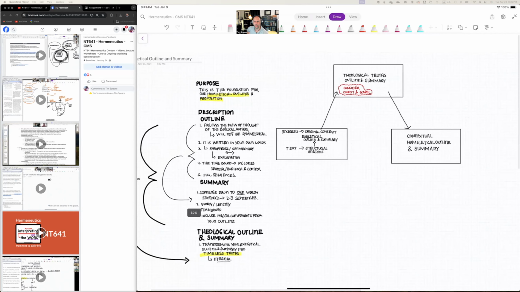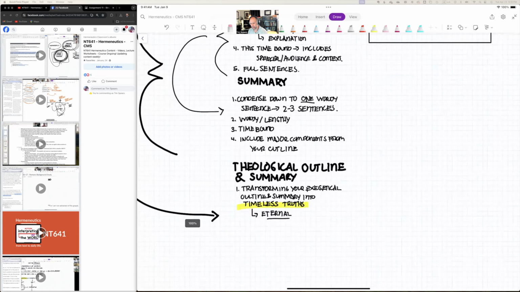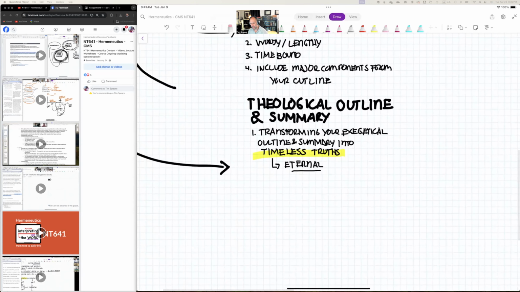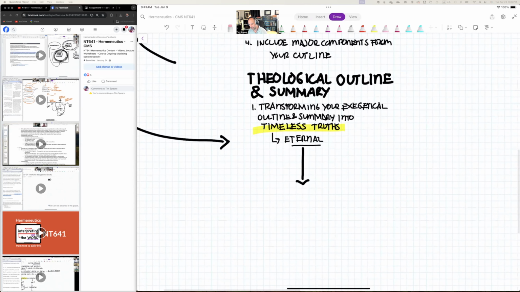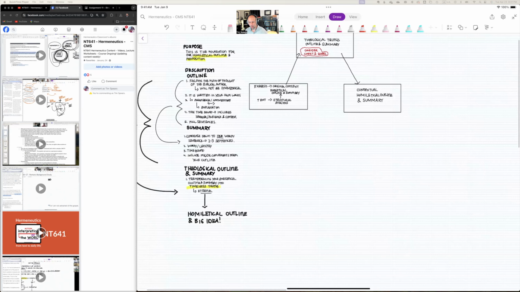All right, let's take a pause here. Any questions or comments? So then we move this down right into a homiletical outline, and we'll call it the big idea. That's essentially moving us into the last stage of hermeneutics, where we're actually preaching or teaching.